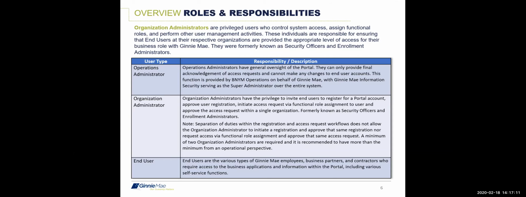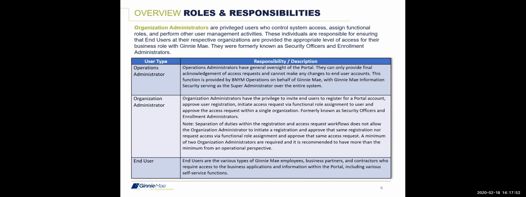So as an administrator, you have a security privilege that allows you to manage account access. It's the end user role, which provides you access to our business applications like GMEP, RFS, GinnieNet. And therefore, if you are an organization administrator that also conducts business on behalf of your organization, there's something important you need to note about the separation of duties within the registration and access workflow. It takes 2 organization administrators to request and approve a functional role for an end user.